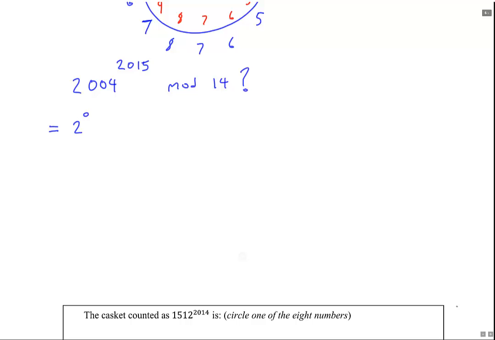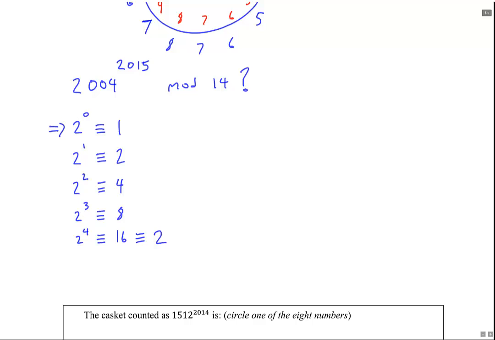So 2 to the power 0 is congruent to 1. 2 to the power 1 is congruent to 2. 2 to the power 2 is congruent to 4. 2 to the power of 3 is congruent to 8. 2 to the power 4 is congruent to 16. But let's reduce the 16. The 16 is actually the same as 2, because we can take 16 and subtract 14.